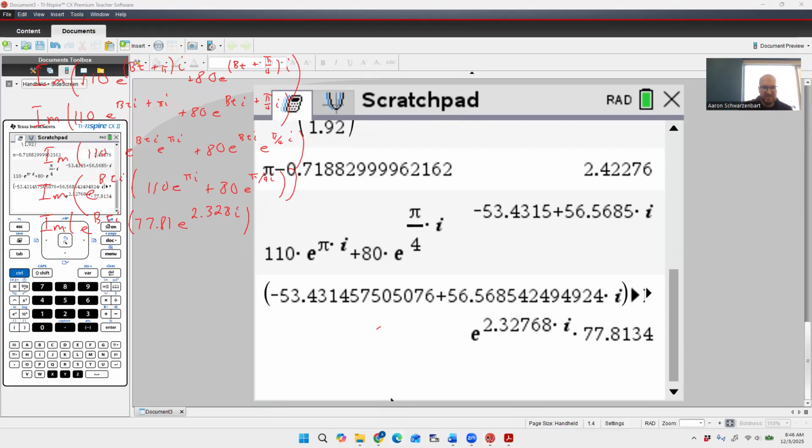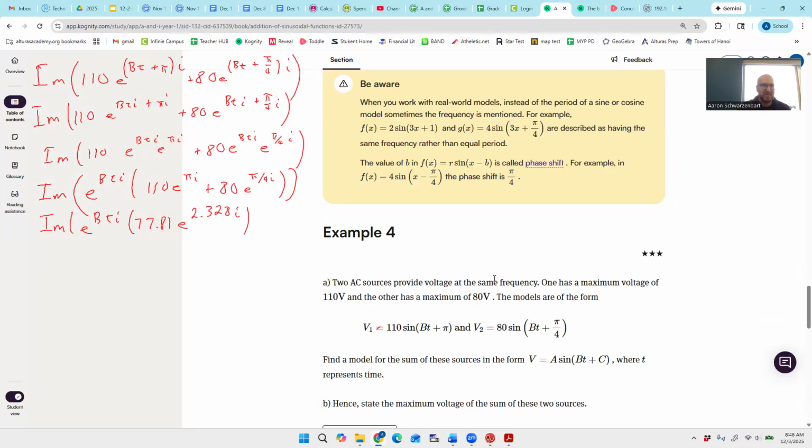So now I'm here. These two, I don't really actually need the parentheses anymore. That's just times. So I've got 2e to the power of something I, which means I can just add the exponents. I'll go to 3 sig figs now.